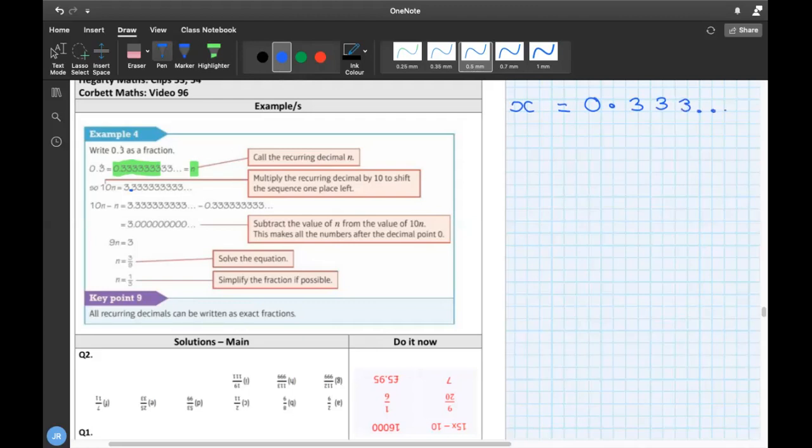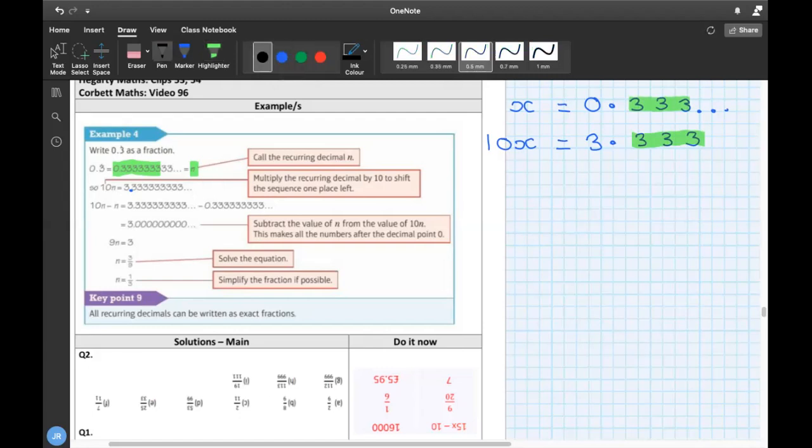Okay. And then if I multiply that by 10, so 10x, your placeholder is going to move one position, and it's now going to be 3.3. Now, hopefully you can see that the numbers after the decimal point, they now match up.